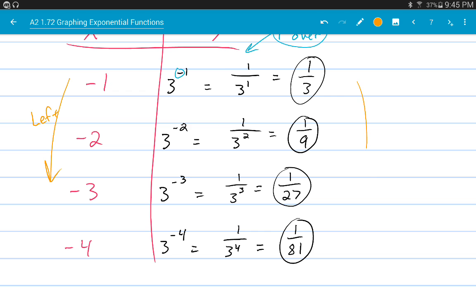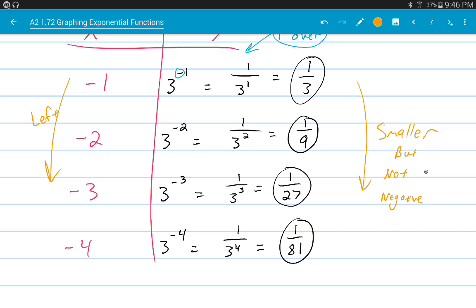These are getting smaller. But they're never going to go negative. 1 over 243, 1 over 729. These are getting smaller, but not negative.